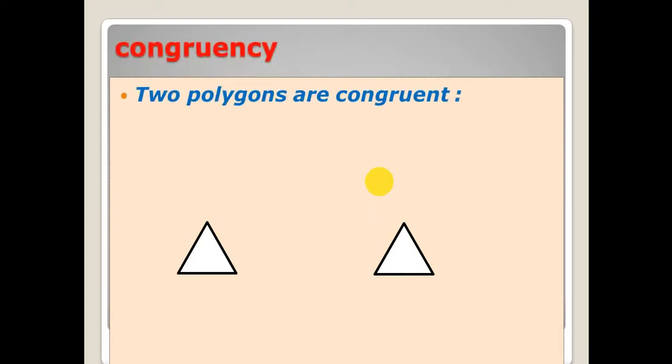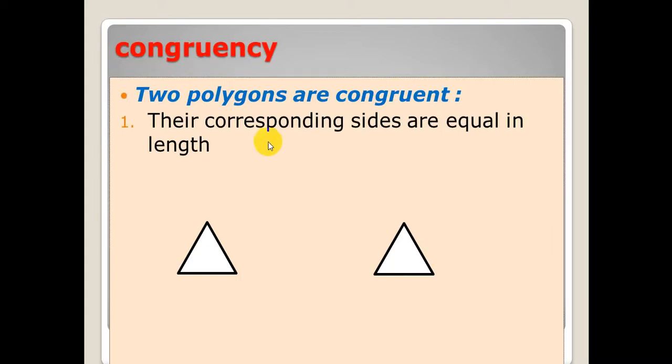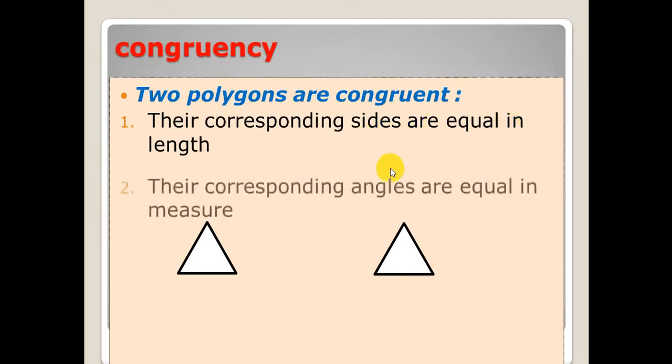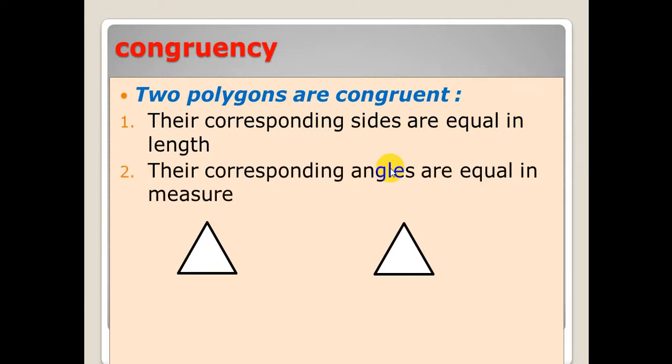Here, two polygons are congruent if their corresponding sides are equal in length and their corresponding angles are equal in measure.